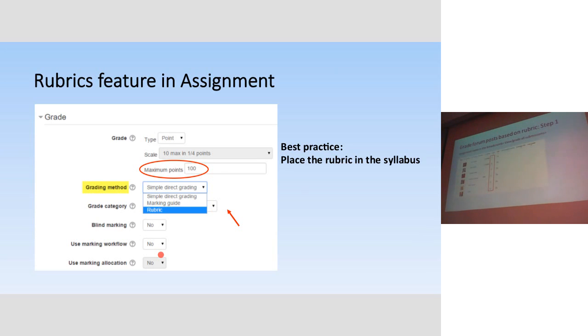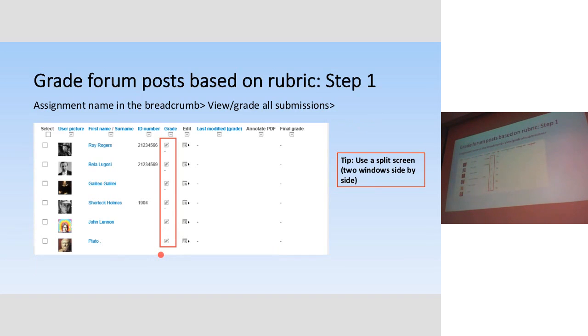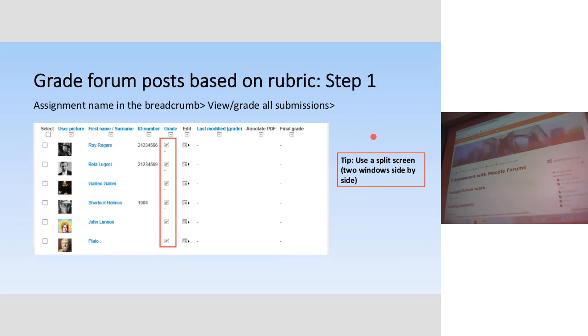Okay. So when you're done with the rubric, how do I use it to grade? You still go to the assignment to grade because this is the rubric for the assignment. Like, I enter this assignment.